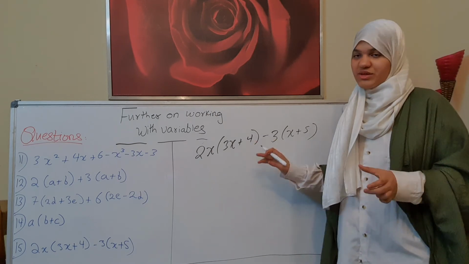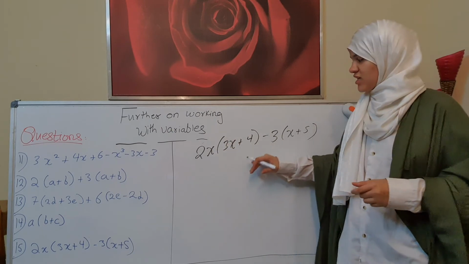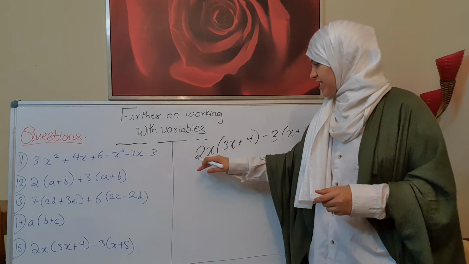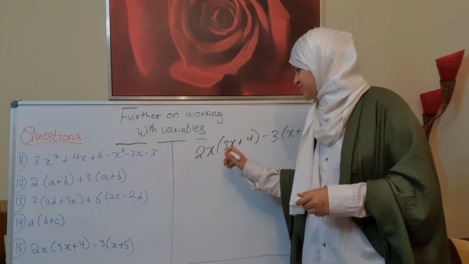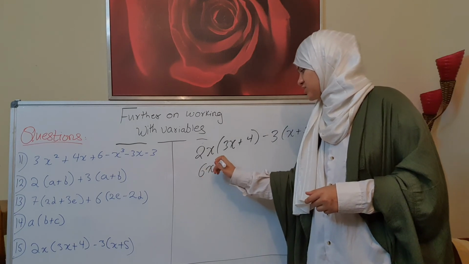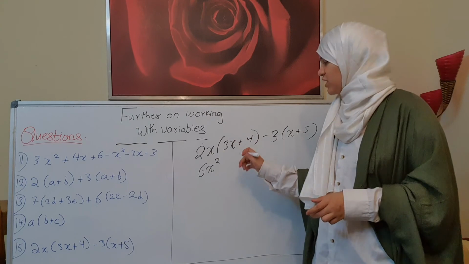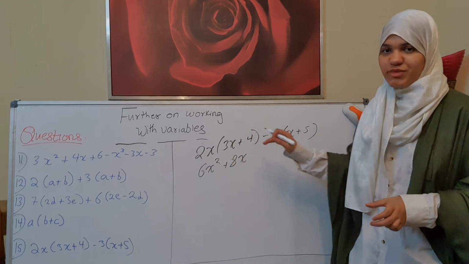As we said before, the one which is outside the bracket we will multiply by the terms inside the bracket. 2x times 3x is 6x squared. 2x times 4 will be plus 8x. Okay, the first bracket is done.